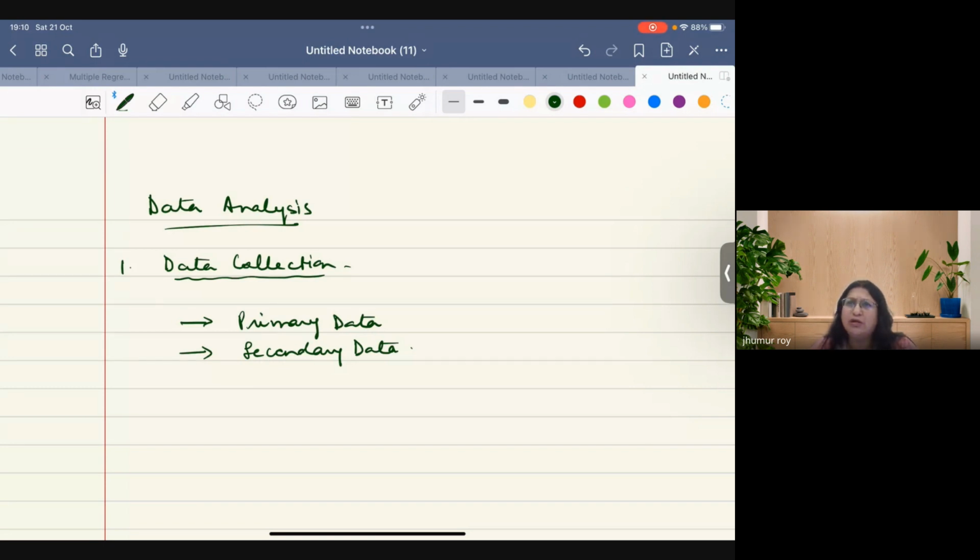If it is a wider, macro kind of research, then you have to rely on other people for data, because at the individual level it is not possible for us to go and collect the data. That is what we talk about when we talk about secondary data analysis.